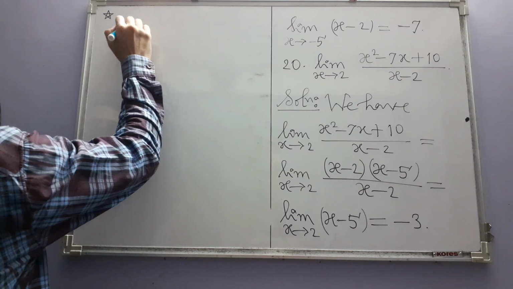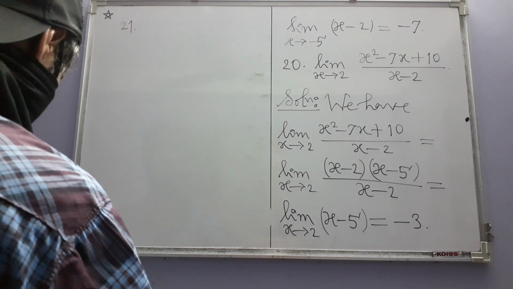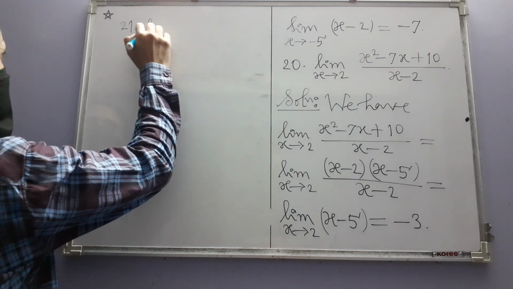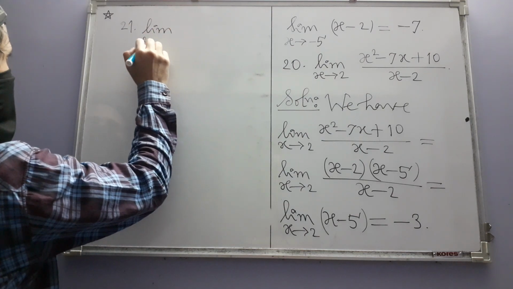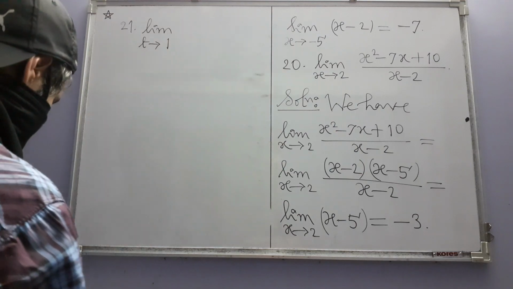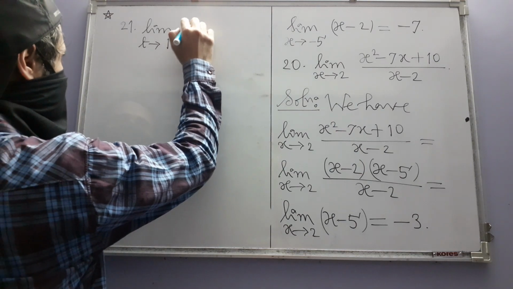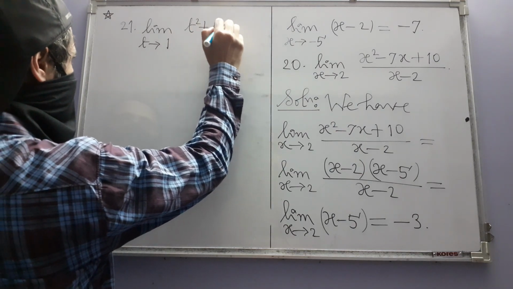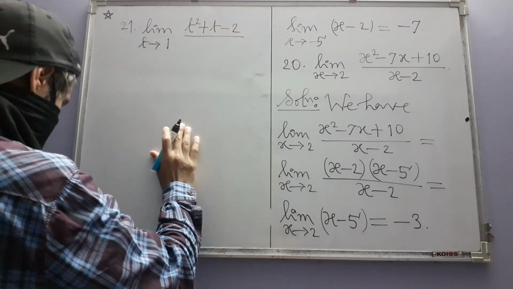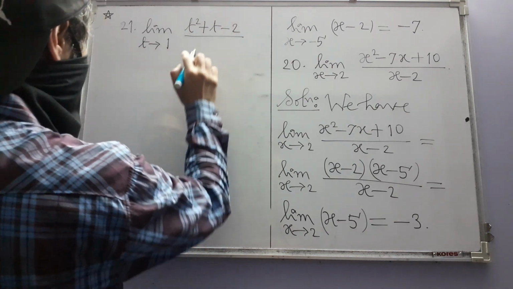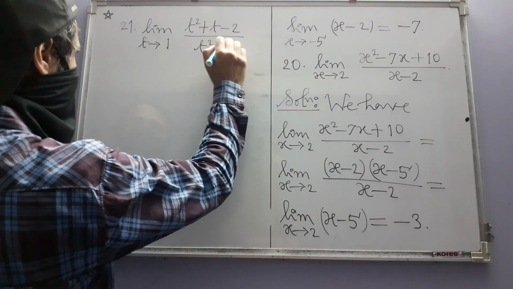Next, 21. Limit as t tends to 1 of t squared plus t minus 2 over t squared minus 1.